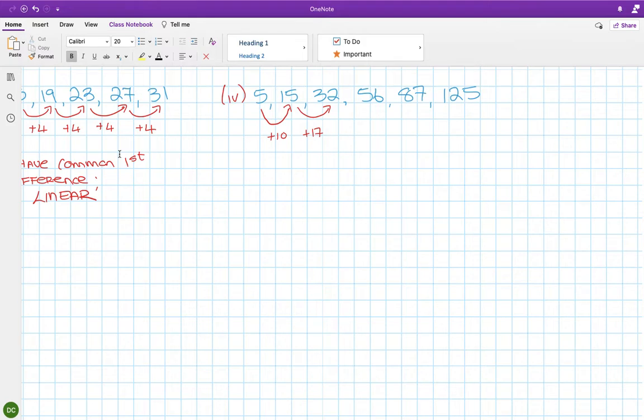Yeah, should have trusted myself. Right, so from 32 to 56, I'm doing 56 minus 32, and I get 24. 56 to 87 is plus 31. And then 87 to 125 is plus 38. Okay, so that is no common first difference.